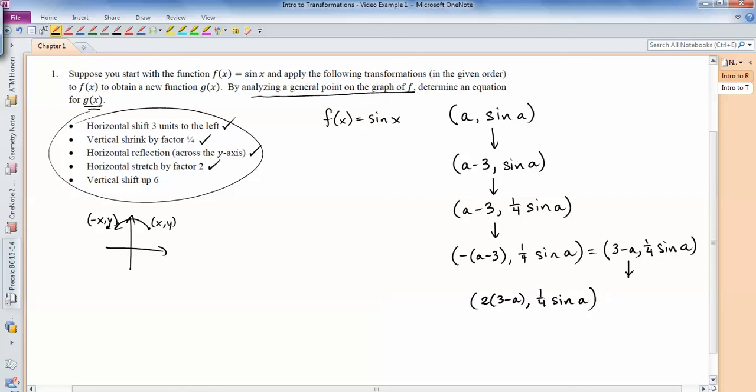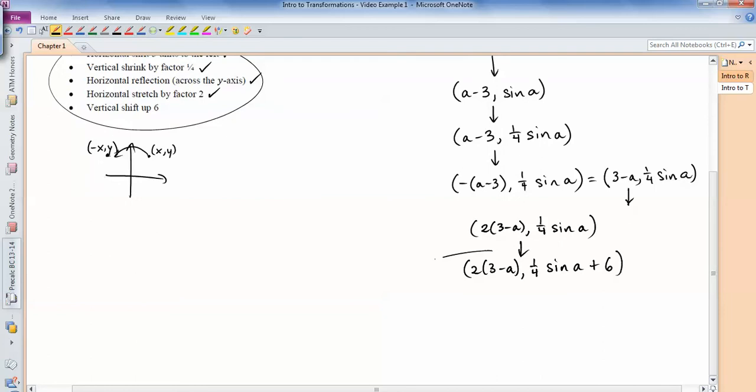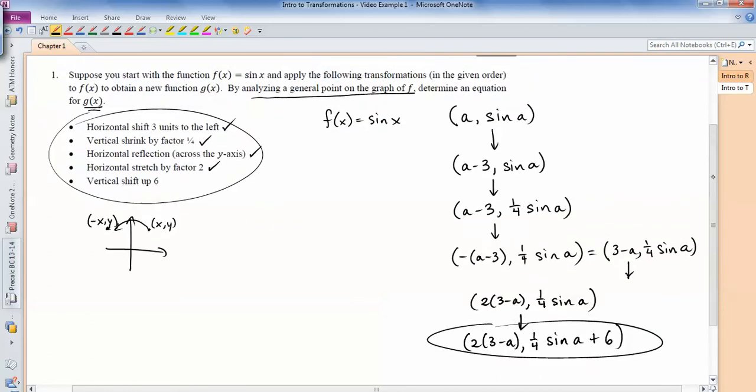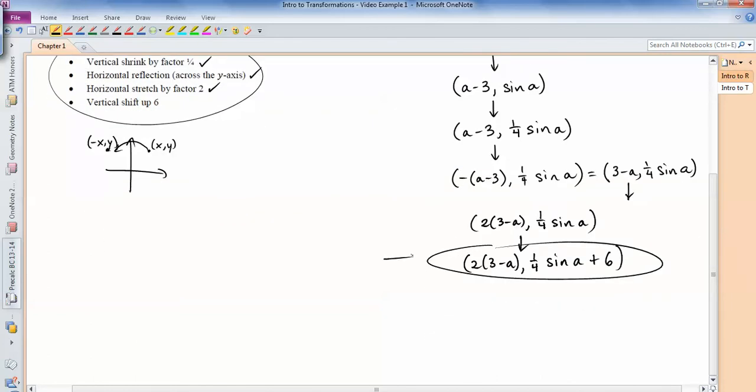So this one's done. And now I'm going to shift up 6 units. So if I go up 6 units, it's 2(3 minus a). I got to add 6 to my y values. So it's this whole thing plus 6. All right. So this is going to be a point on my new function, which is g of x. So on g.